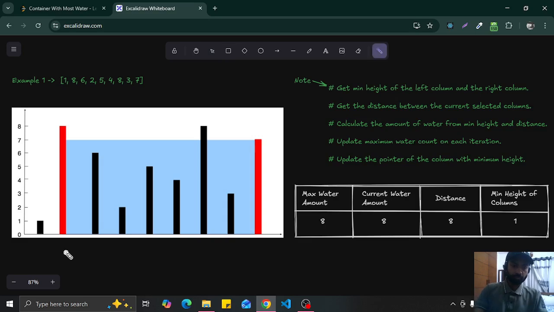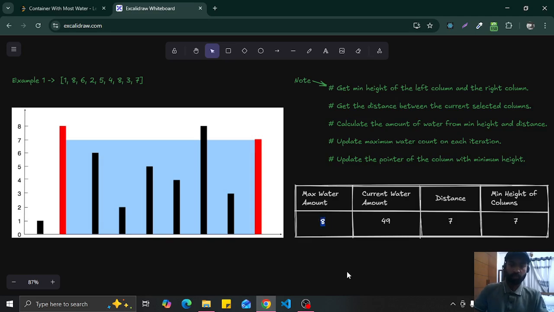For this one, the lowest height is 7, so let's update the minimum height. Minimum height is 7, and the distance between these two is 1 2 3 4 5 6 7. So the distance is 7, and the current water amount is going to be 7 into 7, which is 49.